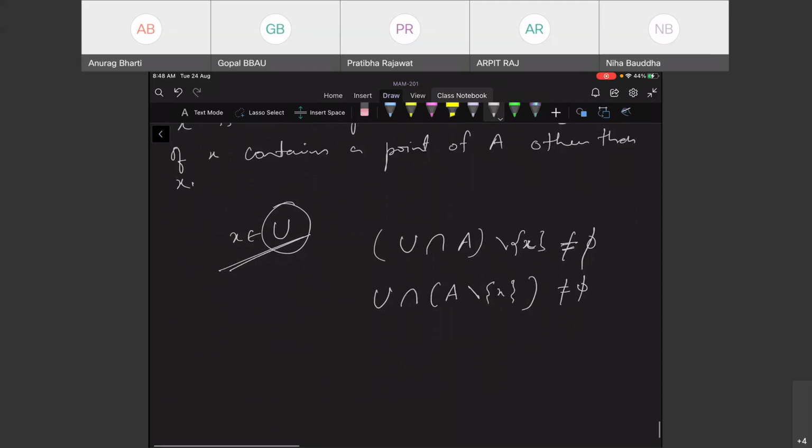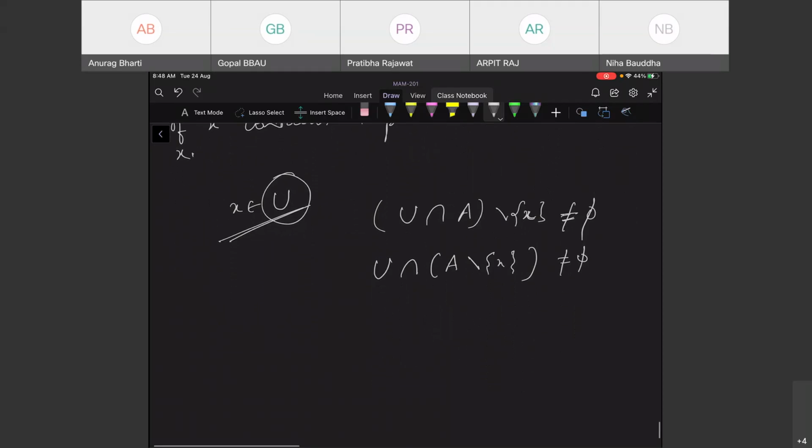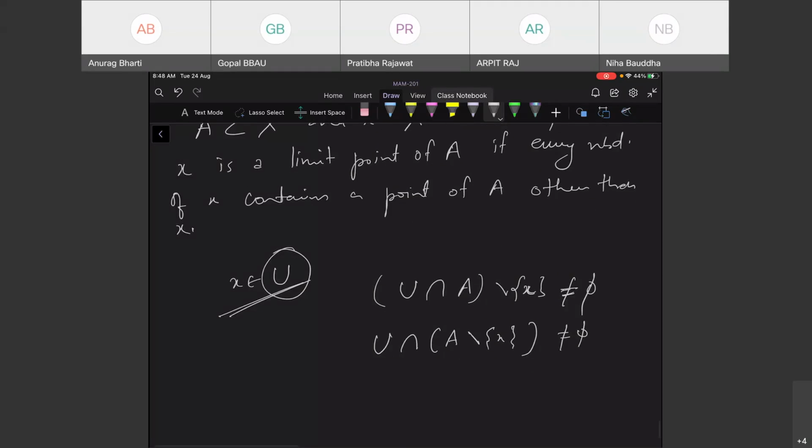Let us see some examples. First, let me comment on the name. In some books you will find cluster points, somewhere you will find accumulation points, so they are all equal. Other names for limit point are cluster point and accumulation point.